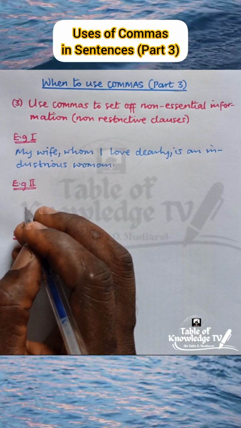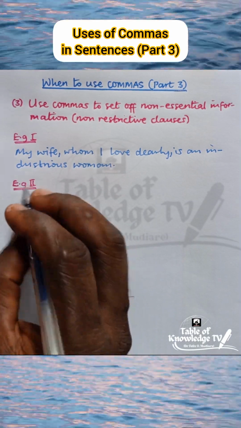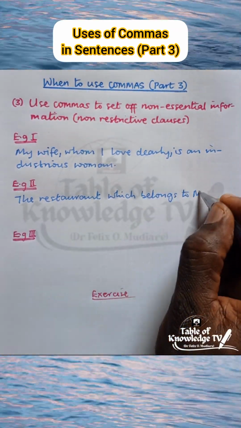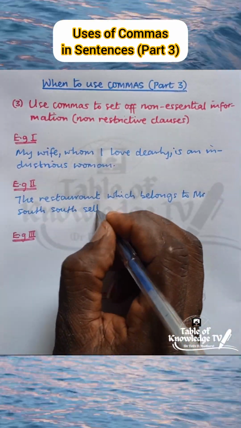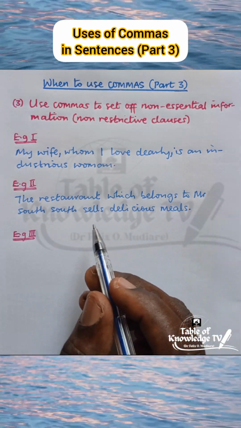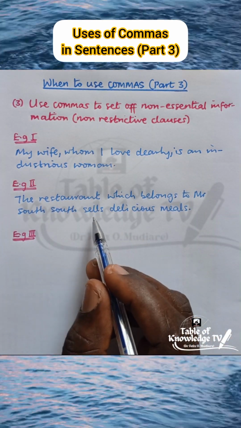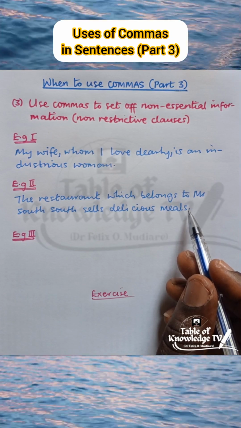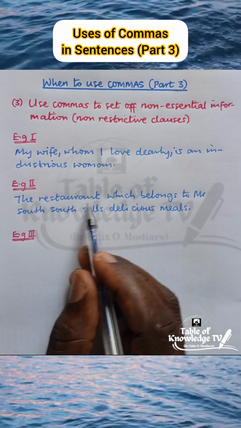Example 2, for a better understanding. We have that the restaurant, which belongs to Mr. South South, sells delicious meals. Now look at this sentence. This sentence could as well read, the restaurant sells delicious meals, with the understanding that the person you are talking to already knows the restaurant.